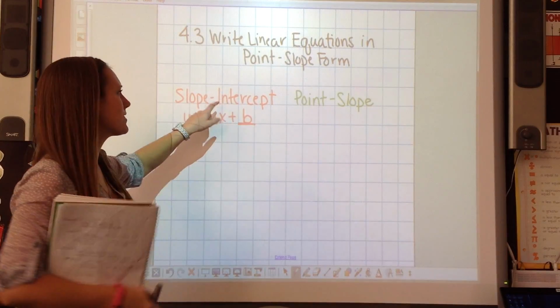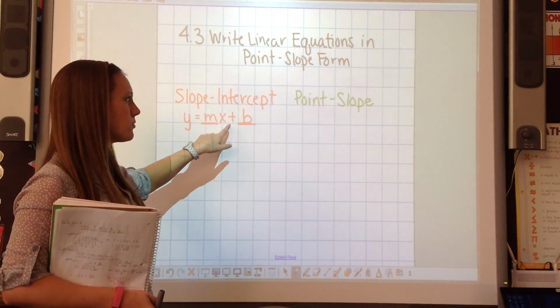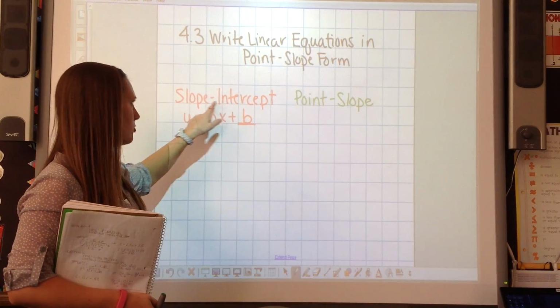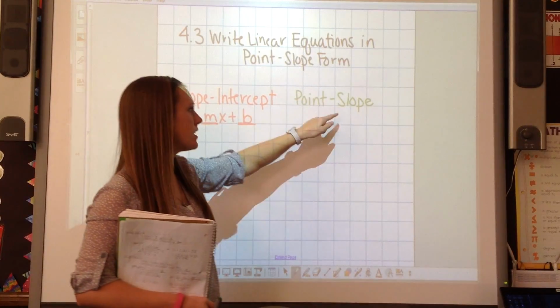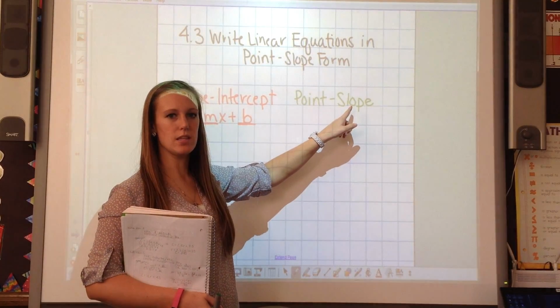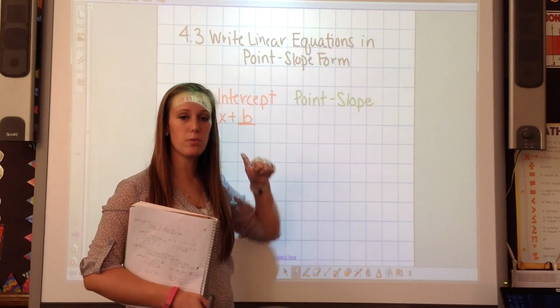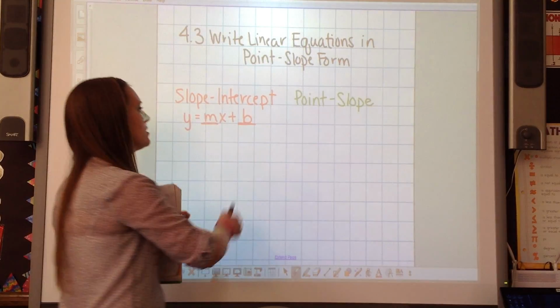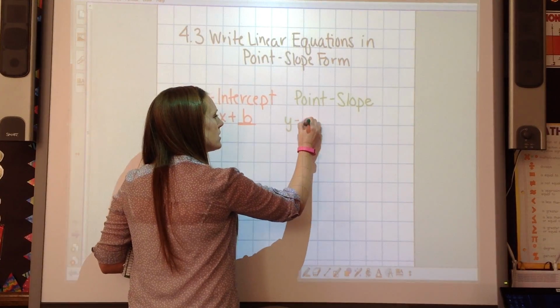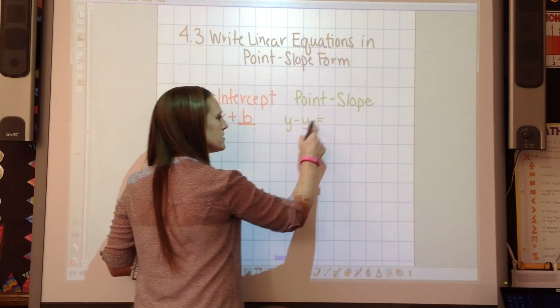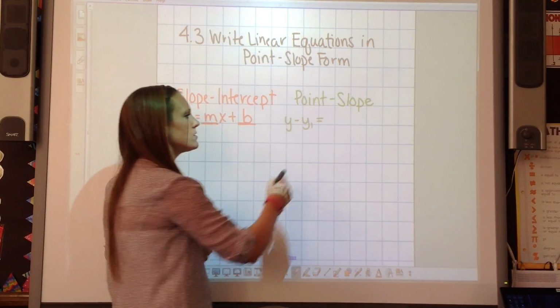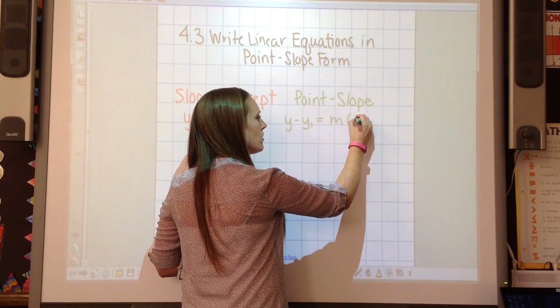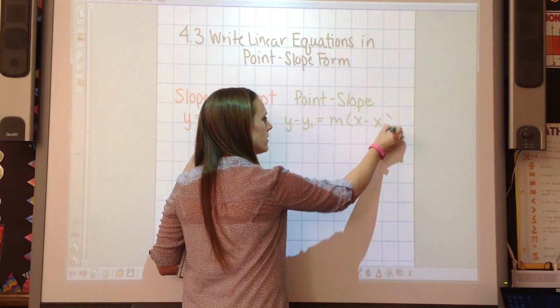Just like slope-intercept form tells you exactly what's in the equation, a slope and an intercept, point-slope form also tells you what's in the equation: a point or an ordered pair and a slope. So here's the equation: y minus y1, that's a subscript, equals m times the quantity x minus x1.